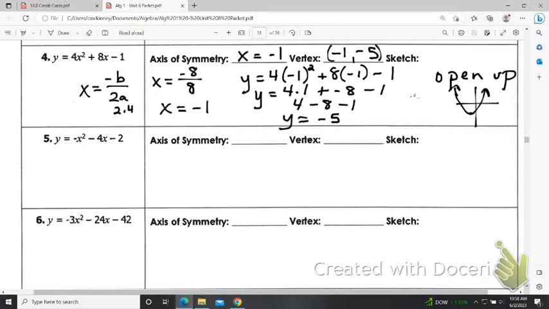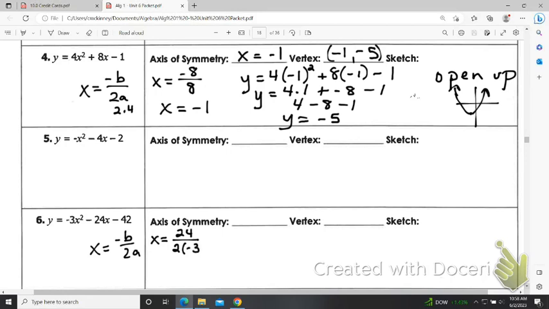Alright, let's look at number 6. We've got a big number there that usually kind of wigs people out a little bit. They see big numbers and we're all worried. So x equals negative b over 2a. So negative b here, the opposite of negative 24, is positive 24. And then we're doing 2 times negative 3.